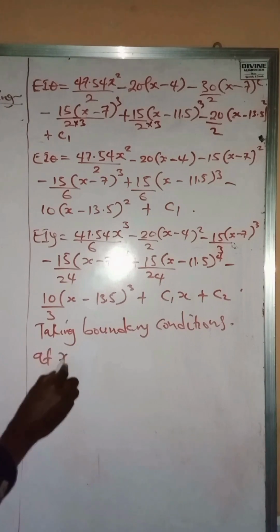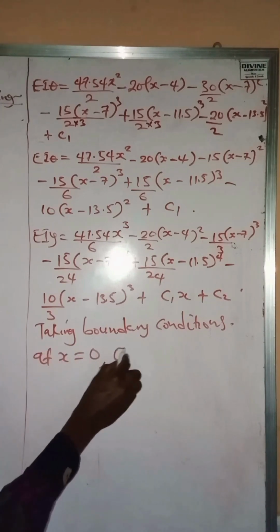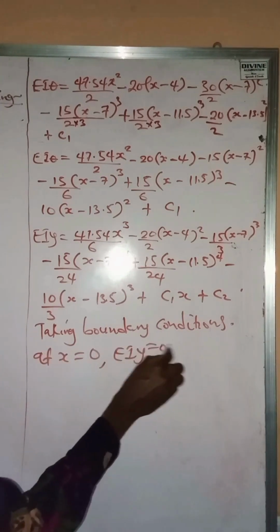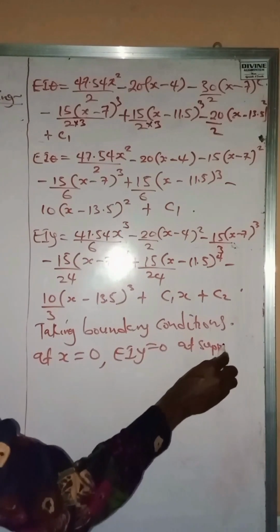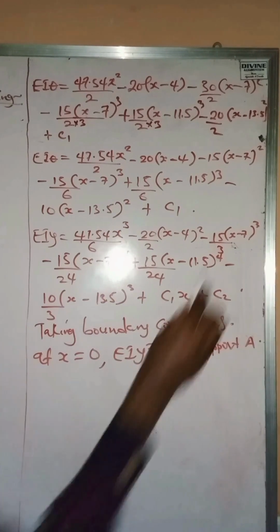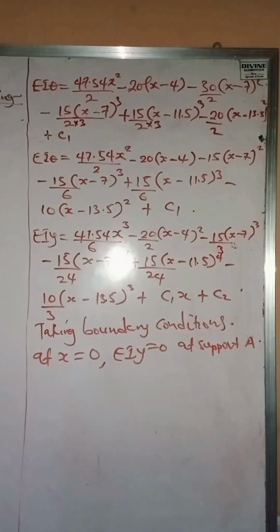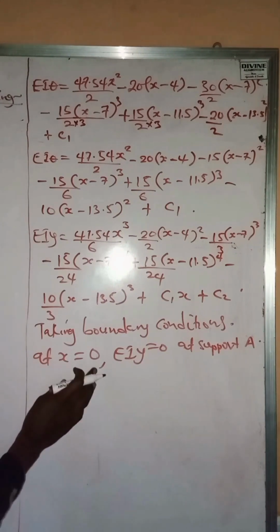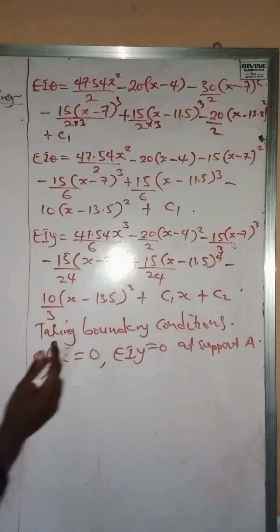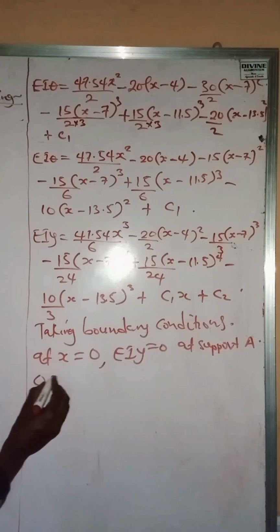Now taking boundary conditions, at x equal to 0, our deflection is 0 at the support A. Now we look for our constant c2. Of course, if we substitute x equal to 0 into the expression, we are going to have our constant c2 to be 0.